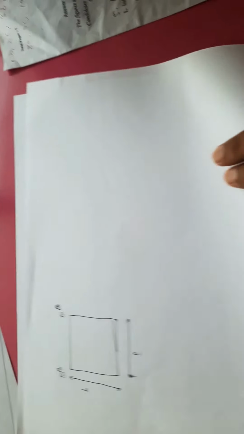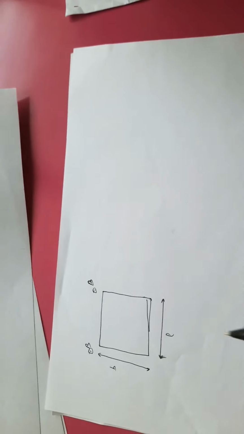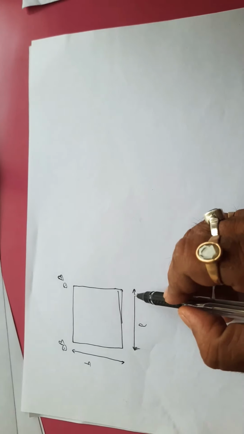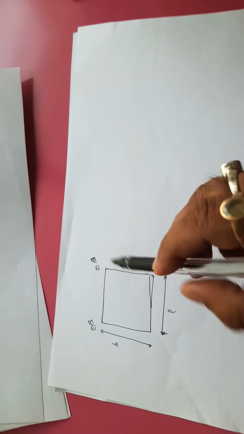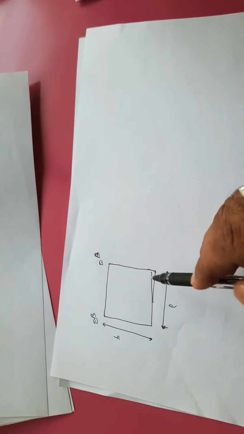First one will be the torque on a current loop. So we'll just see how it could be derived. Here we are having a squarish loop, or rather a rectangular loop. The length of the loop is L and the breadth is B. The uniform magnetic field B is acting on it.